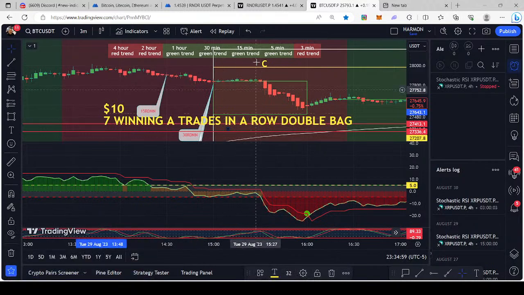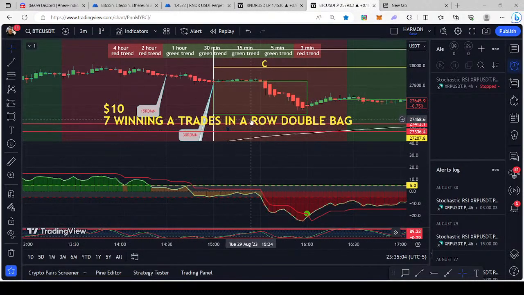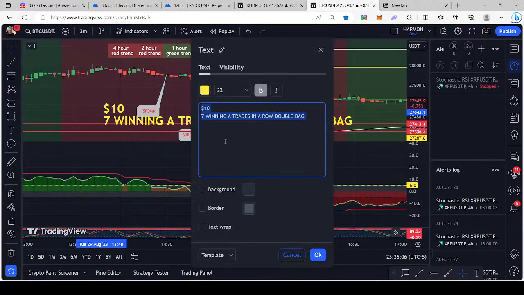Once you make 7 trades in a row, you are then going to double your bag. That means you go up to a $20 bag and you repeat 7 winning trades again. Once you repeat that again, 7 winning trades, you move your bag up to $40.